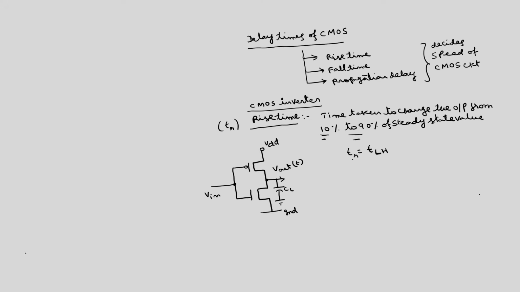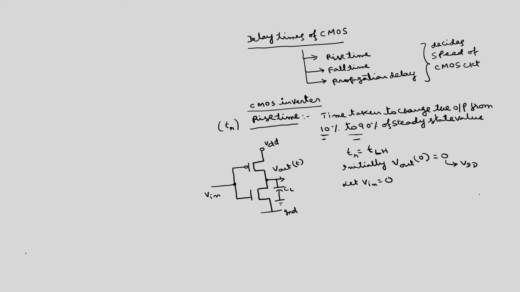In order to find this, initially we will assume that Vout at time 0 is equal to 0. Now, in order to change the output from 0 to VDD, the input we have to apply is Vin equal to 0.